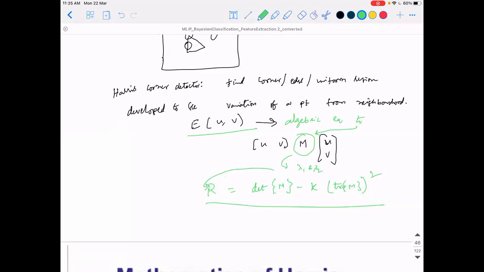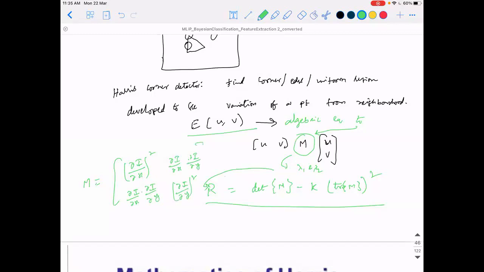So this M, if you expand, it has the terms ∂I/∂x whole square, ∂I/∂x into ∂I/∂y, similarly ∂I/∂x into ∂I/∂y, and ∂I/∂y whole square.